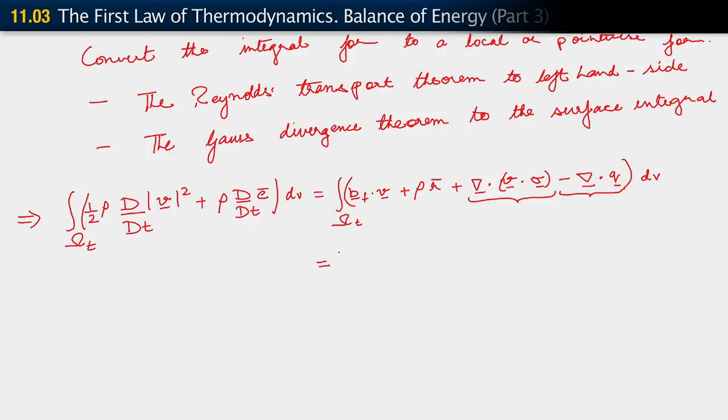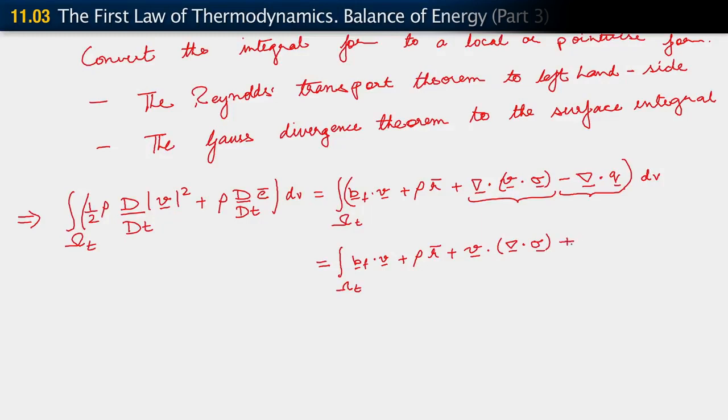Just a little more work to do on the right-hand side. We need to write out one of those divergence terms a little differently. The first two terms stay the same. Now, the divergence of V dot sigma gives us two terms. One is V dotted with divergence sigma, and what is happening here is that we are applying the product rule of differentiation.